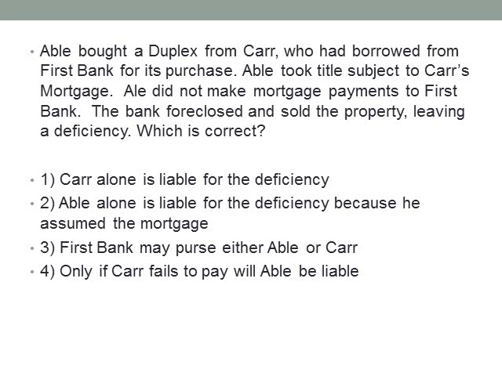So if the bank forecloses, and takes the property from Abel and sells the property, leaving a deficiency, which one is correct? Carr alone is liable for the deficiency. He did not assume the mortgage, he took it subject to. And First Bank cannot pursue both of them. And in the event that Carr still fails to pay, Abel won't be liable.